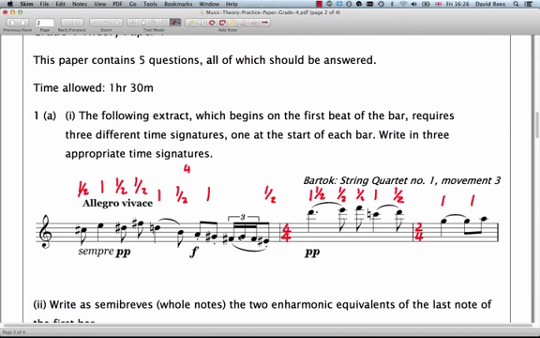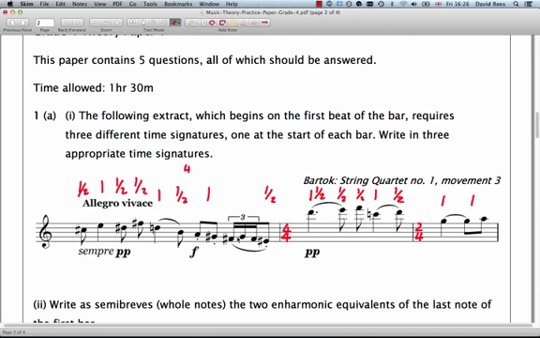Well, this is a triplet, and while we're used to seeing triplets over the top of quavers, it doesn't mean that we can't have triplet quarter notes or triplet half notes or even triplet semibreves. Not that I've ever seen them, but more commonly they tend to be over shorter notes. And what happens in every triplet is we take 3 of a particular note and fit them into the space of 2.